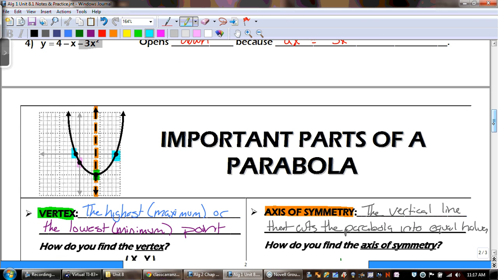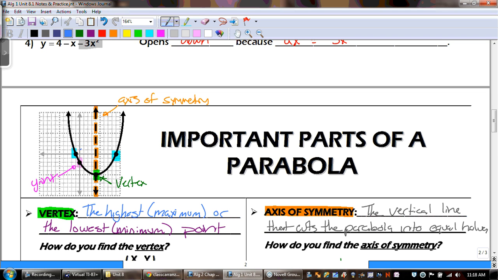So if we look on our graph real quick, right there's the vertex. This line right here is the axis of symmetry. That's our y-intercept.